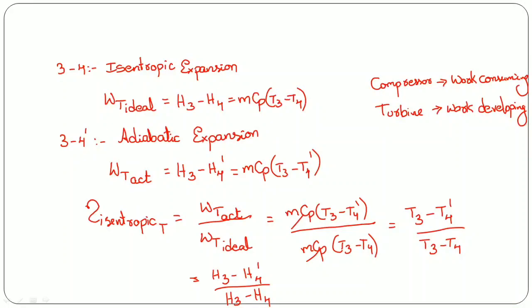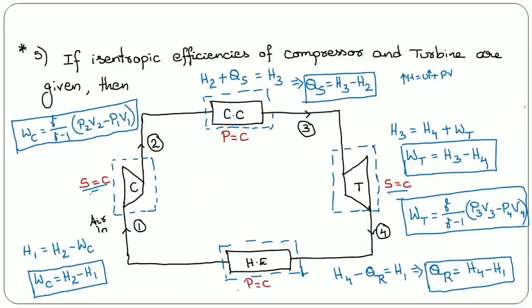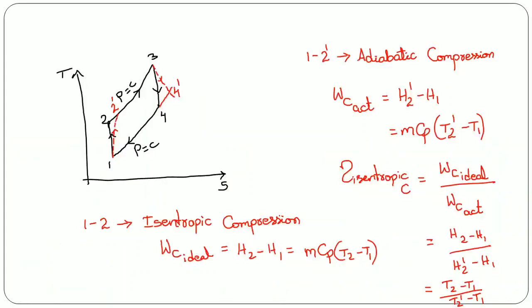Now try to understand here, dear students, when isentropic efficiencies of compressor and turbine are given, we need to know certain things.